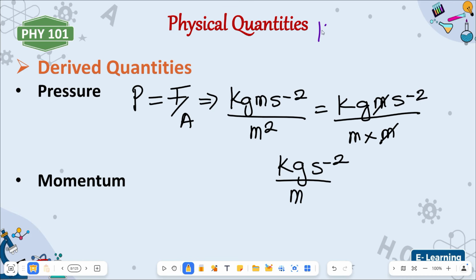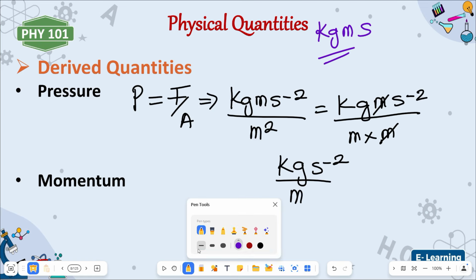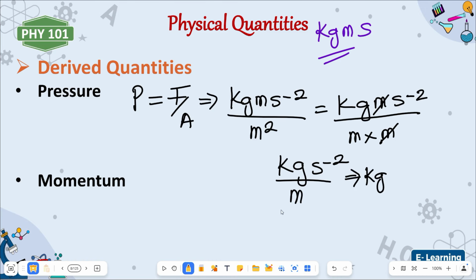I like going from kg, then meter, then seconds. All right, this is the correct order. So if we want to follow this order to arrange this now, this will give us kg, then meter is supposed to follow, right? But this meter is raised to the power of 1 here. If it crosses up, it becomes what?